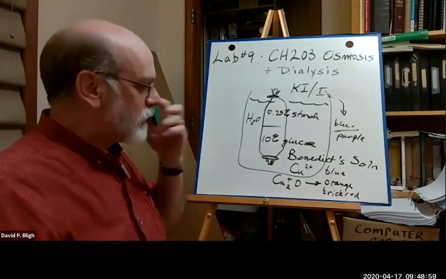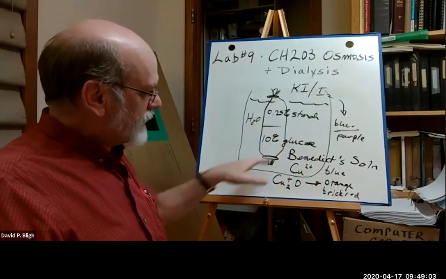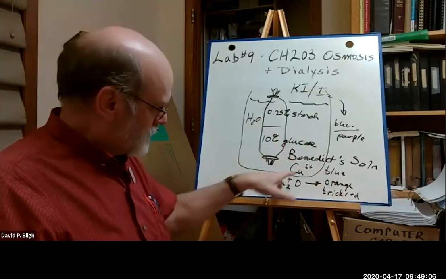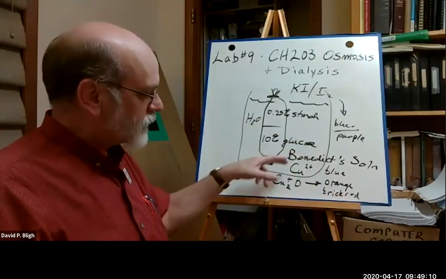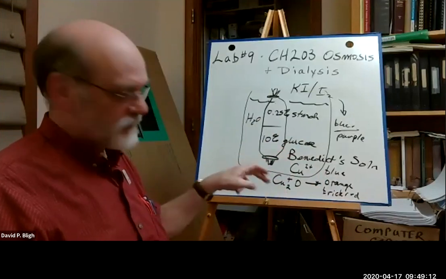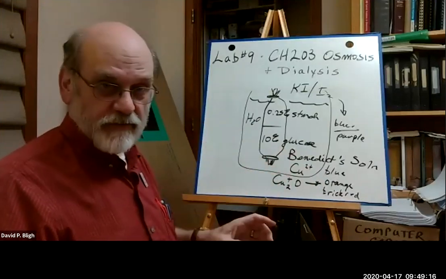So the chemistry here is a little complicated, but any type of sugar that can cause this to happen, call it a reducing sugar, can cause copper to reduce from 2+ to 1+, and will give you a positive result.